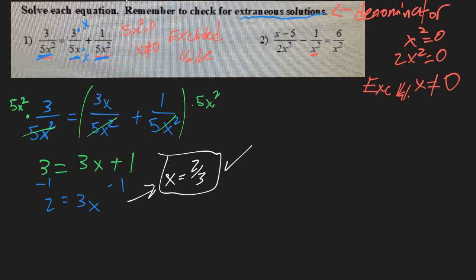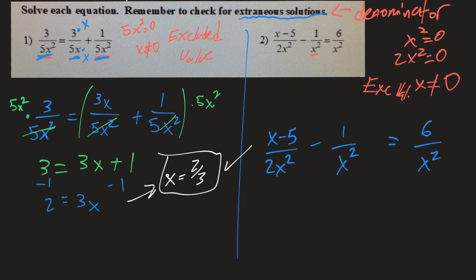Now, the next step is going to be, can we get common denominators? So let's think about what we should multiply to get common denominators. If we take our problem, (x minus 5) over 2x squared minus 1 over x squared equals 6 over x squared. I already see each of them as x squared.